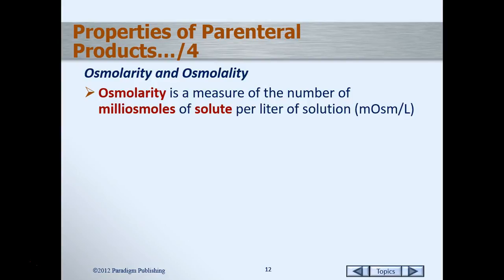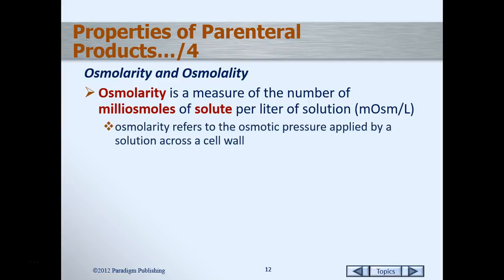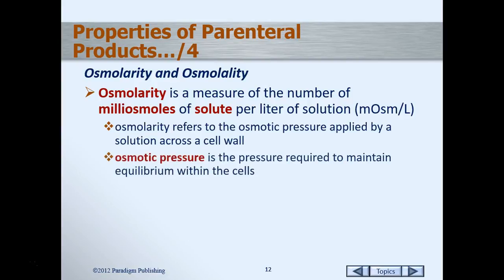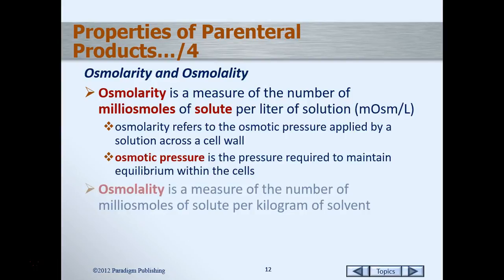That's the drug part, the measurable part of the solution, and the units are mOsm per liter, so milliosmoles per liter of solution. Osmolarity refers to the osmotic pressure that's applied by a solution across the cell wall. The osmotic pressure is the pressure required to maintain equilibrium within the cells.